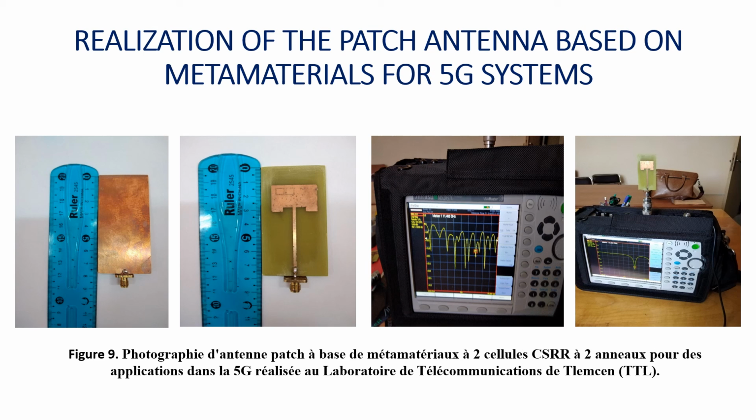The figure 7 gives a photograph of the realization of the patch antenna based on metamaterials with 2 cells of 2 ring CSRR metamaterials on the patch antenna for 5th generation application, designed in the Tlemcen Telecommunication Laboratory.